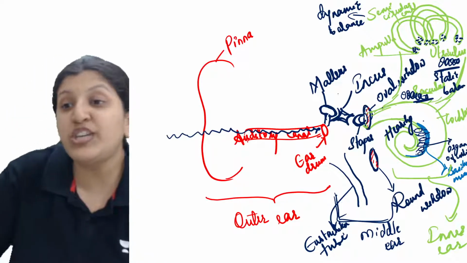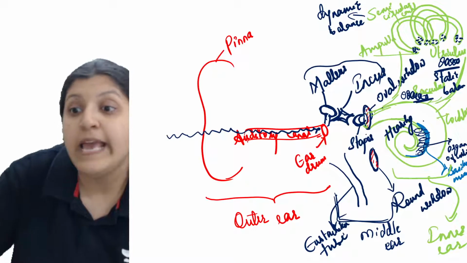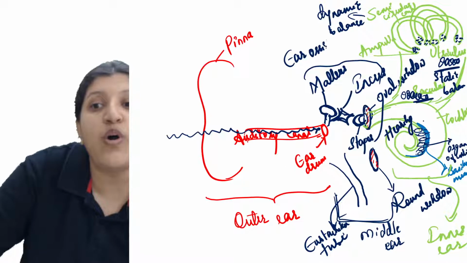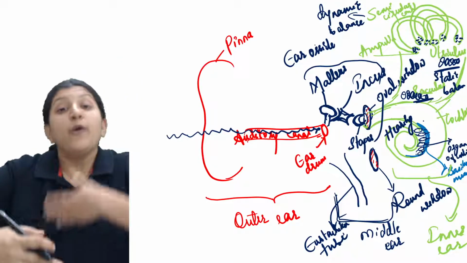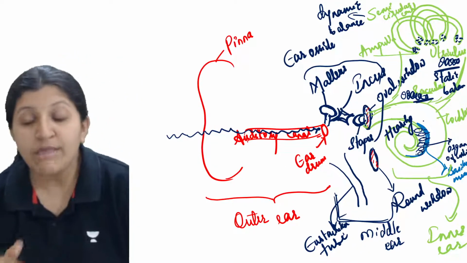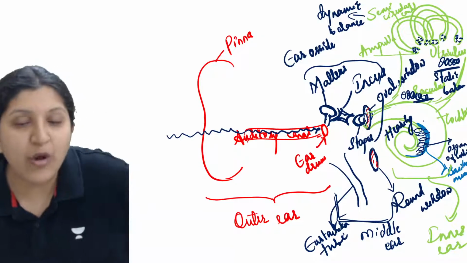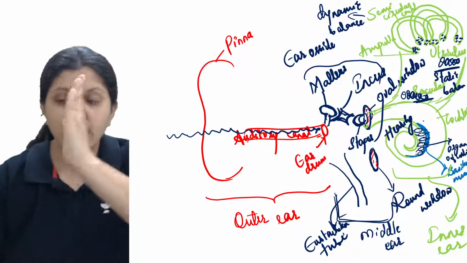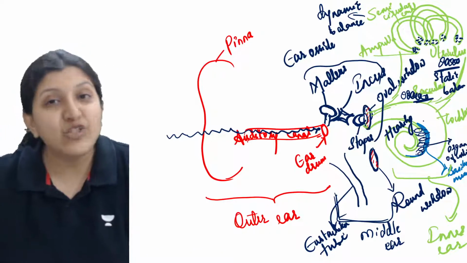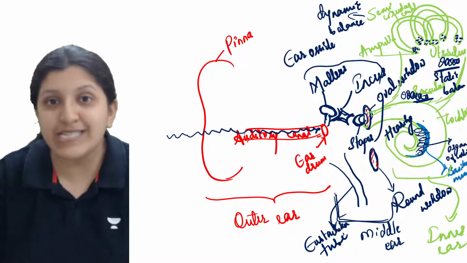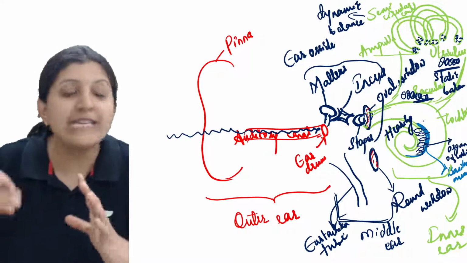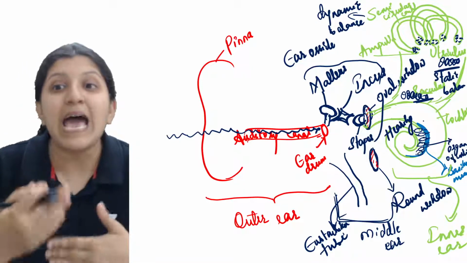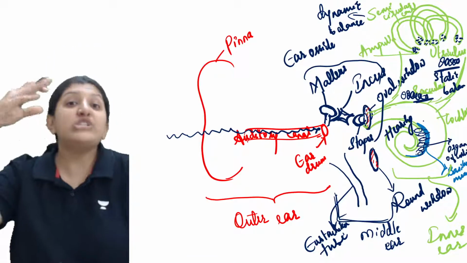How exactly is the sound wave going to be amplified? Amplification is done by the three ear ossicles, which multiply that sound. So the sound wave hits the eardrum, and the eardrum is set in vibration. Since the eardrum is attached to the malleus, incus as well as stapes, these ear ossicles also start moving, and the sound is amplified and conveyed.